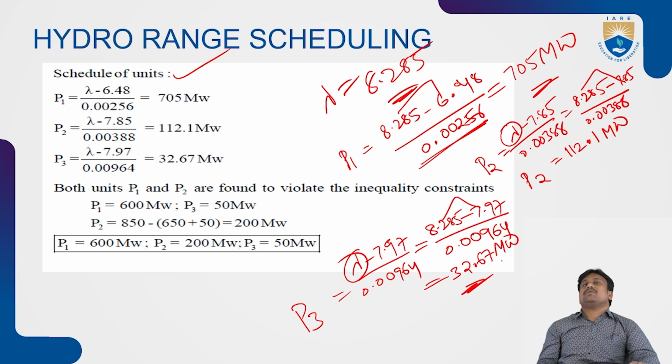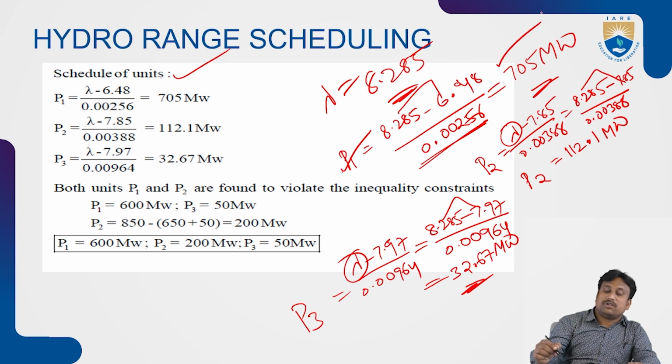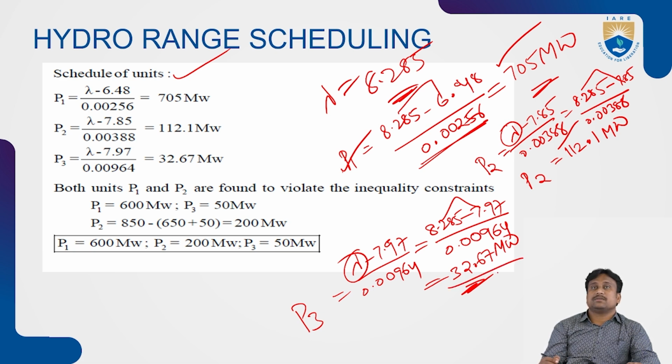So this is the result for P3, and P1 is about 705 megawatts, P2 is 112.1 megawatts, P3 is 32.67 megawatts.